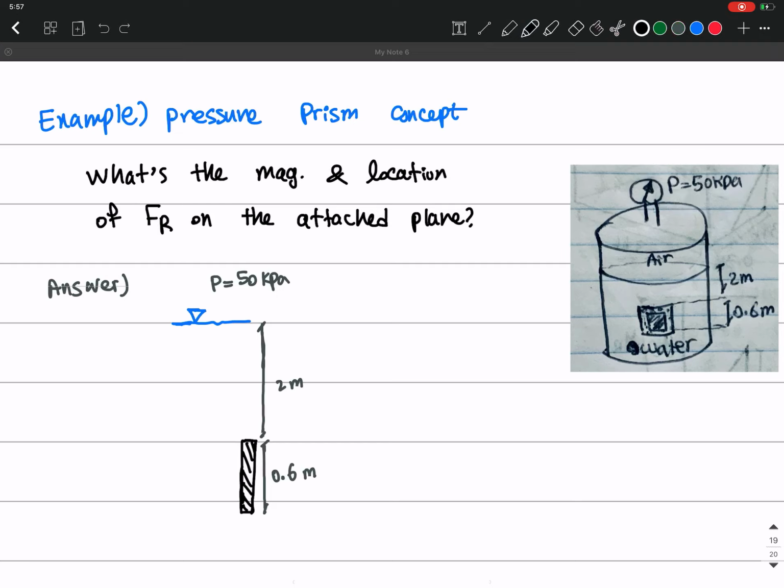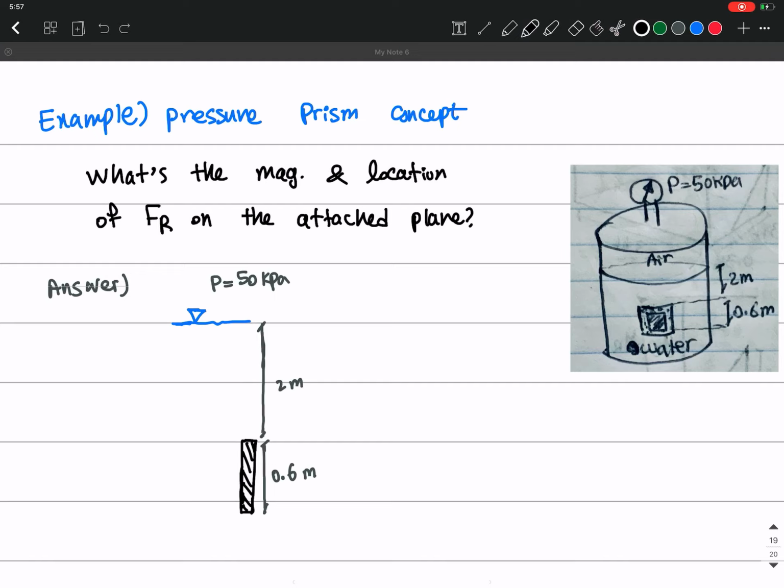So this is just this problem from the side view. I'm just plotting it from the side view, and then now I want to show the hydrostatic pressure forces that are acting on this plane.